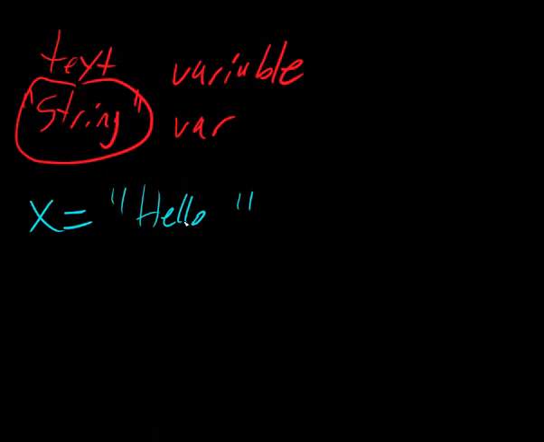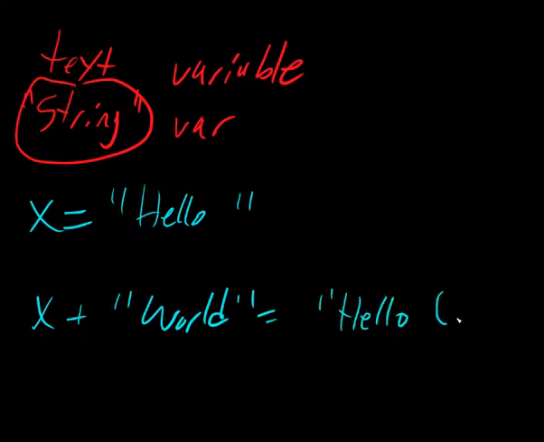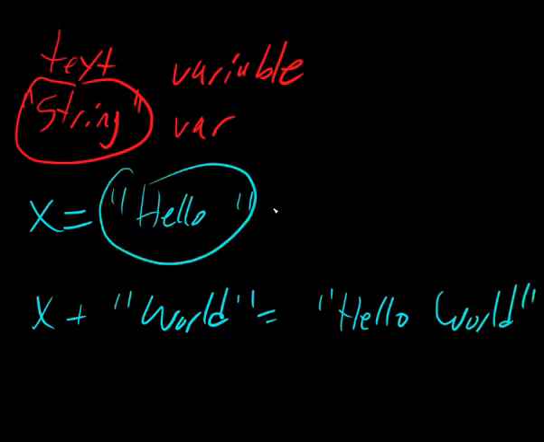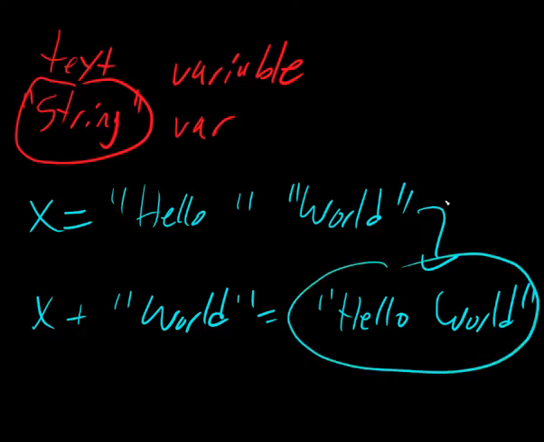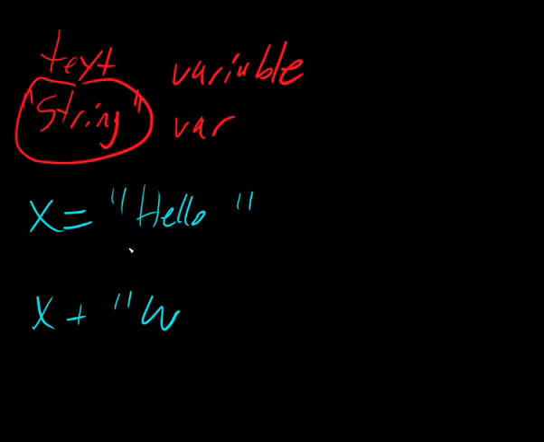And now x is equal to hello. So if we do x plus world is equal to, well, x plus world is equal to hello world, because if we add world to the end of hello, then we get hello world. And that is basically how the string variable works.